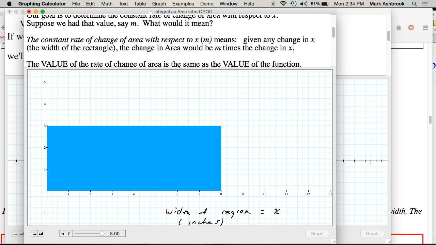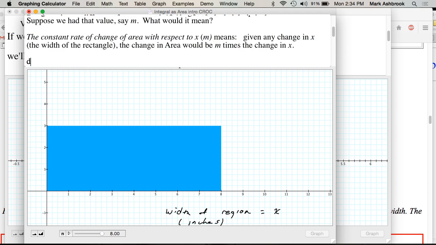In other words, dA equals m dx, right? This is our constant rate of change equation that frames the meaning for that constant rate given any change in x. Okay, so what we're going to do is use that and work backwards a little bit to figure out what m is, right?